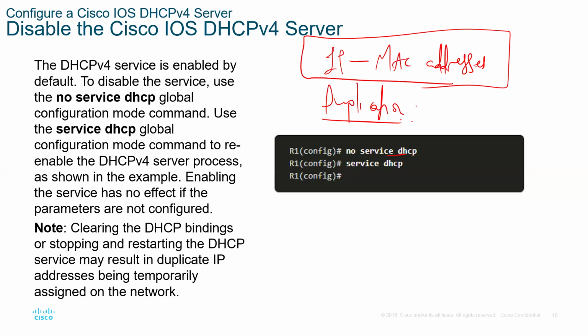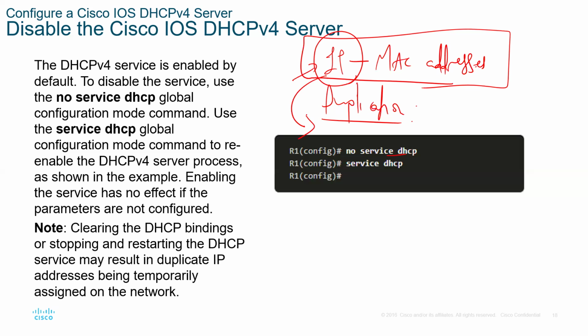Because you will clear the bindings. However, it doesn't mean you have removed the IP addresses from those bindings. When you clear the bindings, what it basically means is you've cleared the IP address, meaning this IP address goes back to the pool. However, it is still assigned to that specific host. It goes back to the pool, but it is still assigned.